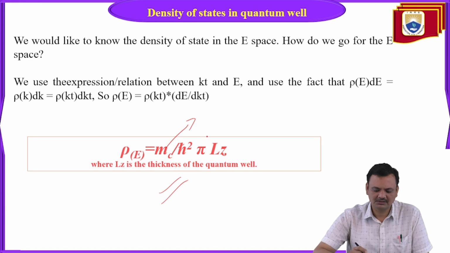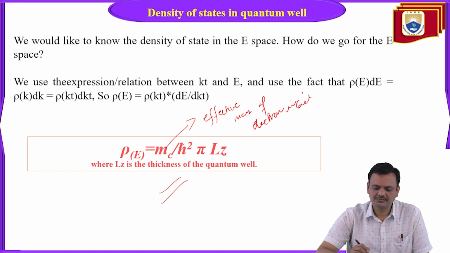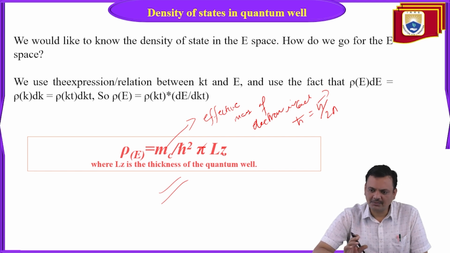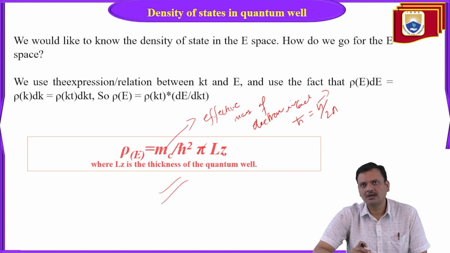I already explained. mc is the effective mass of electron in conduction band. h cross is nothing but h upon 2 pi, where h is Planck constant. Pi is 3.14. Lz is the dimension of the specimen, whatever crystal you grow as a quantum well, so the dimension of that crystal in z direction.